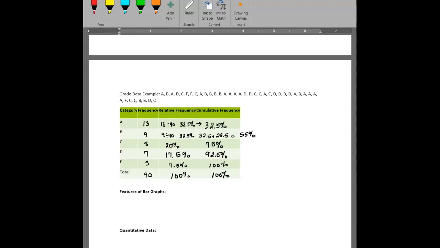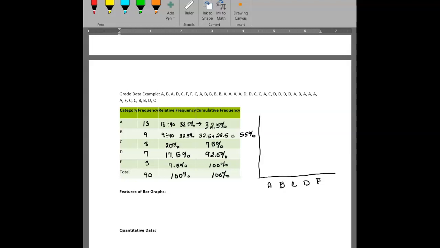So now we need to draw our bar graph. And so along the bottom I need A, B, C, D, and F. And then now I need to go all the way up to 13.